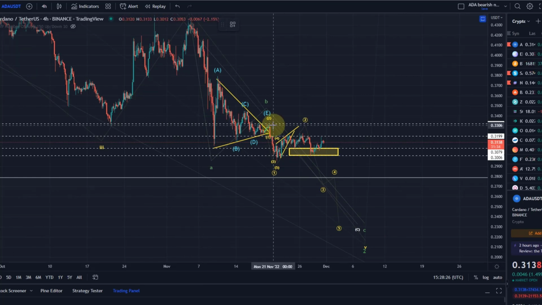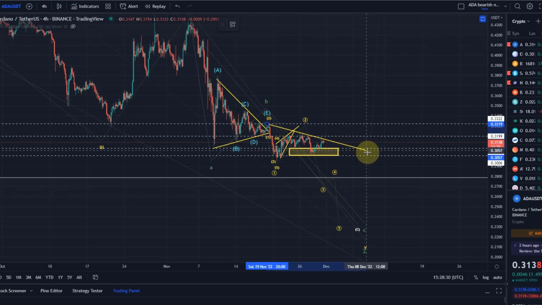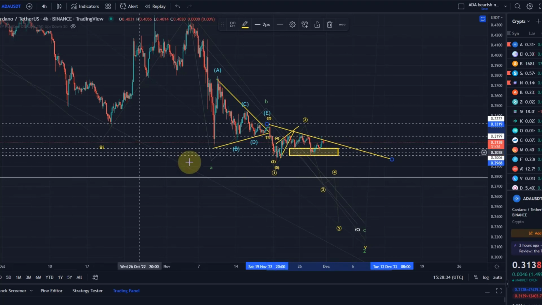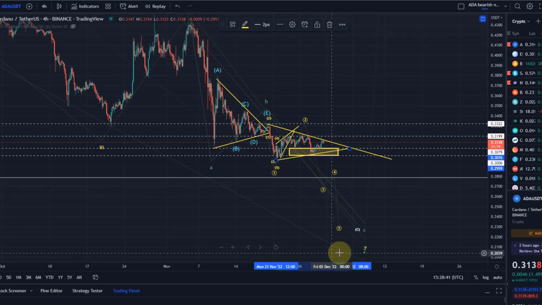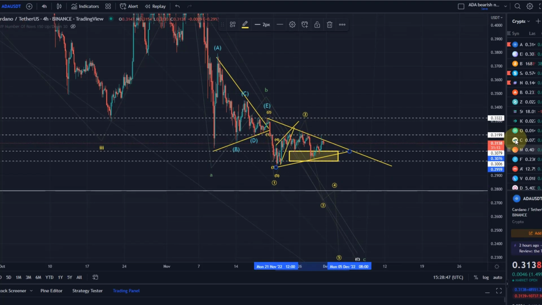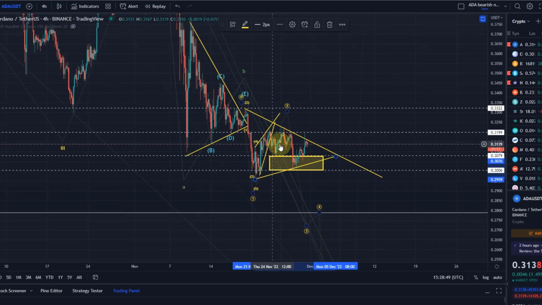One more thing to mention here. We can currently identify a descending trend line, which together with an ascending trend line down there creates some kind of a triangle. Whether this is a trend continuation pattern or not doesn't really matter, because we need to wait for the breakout anyway, but we are heading without a doubt into some kind of apex here, and that usually leads to an impulsive breakout.